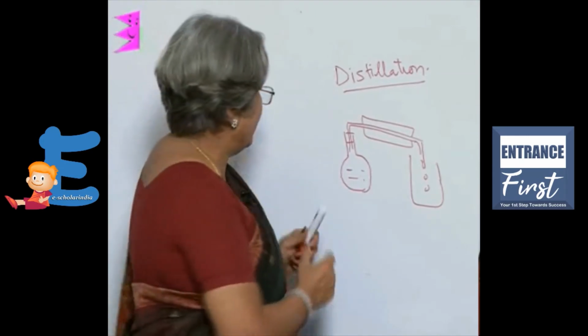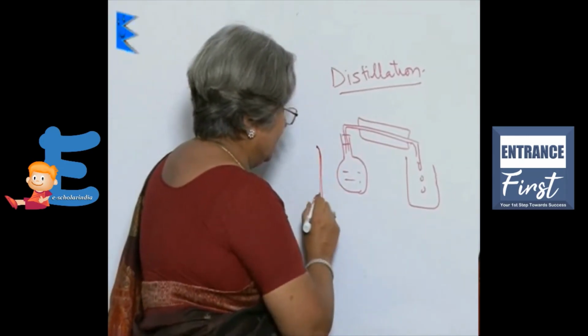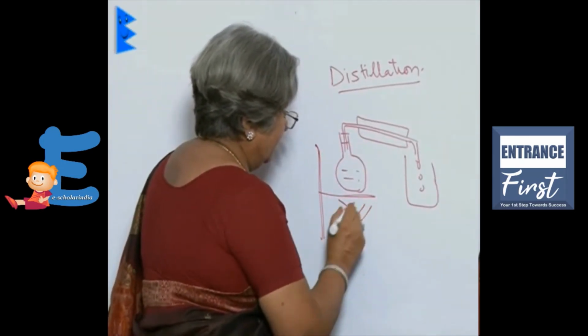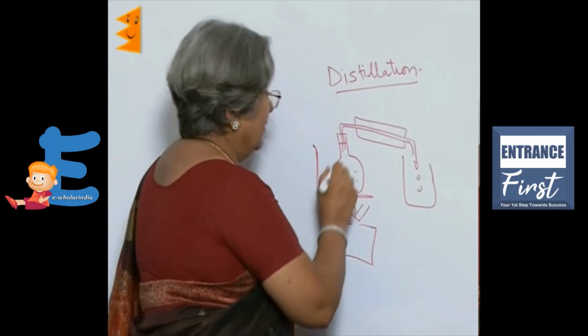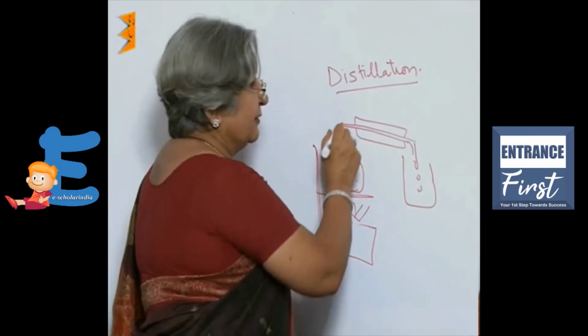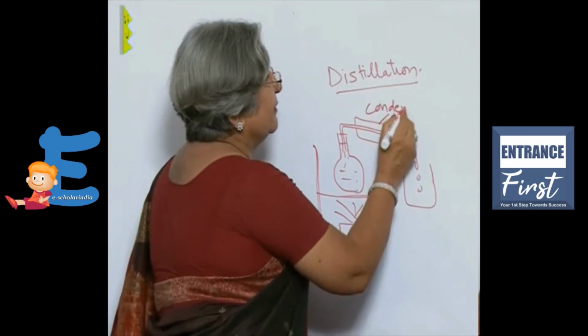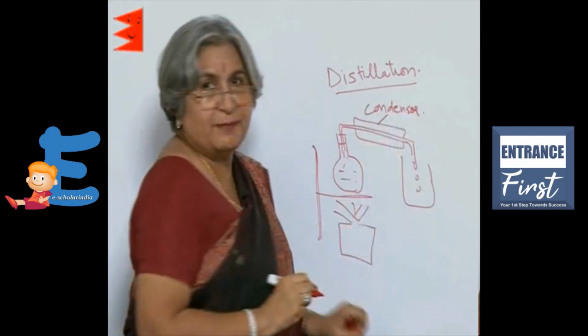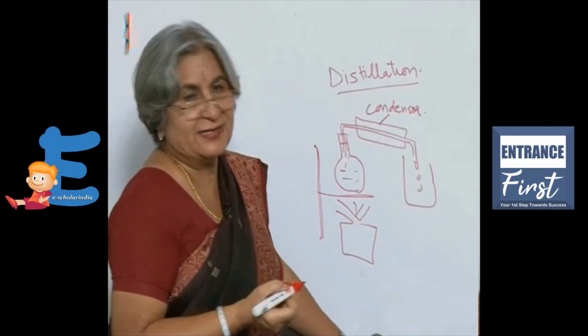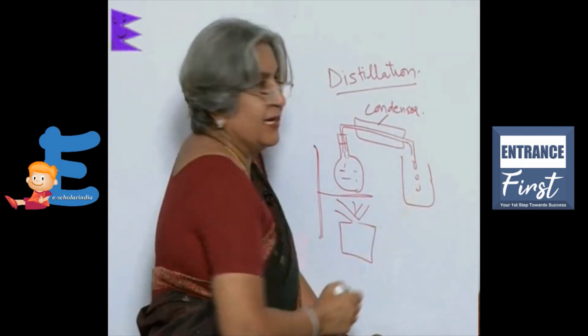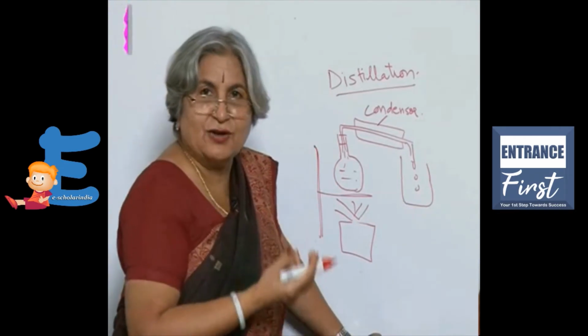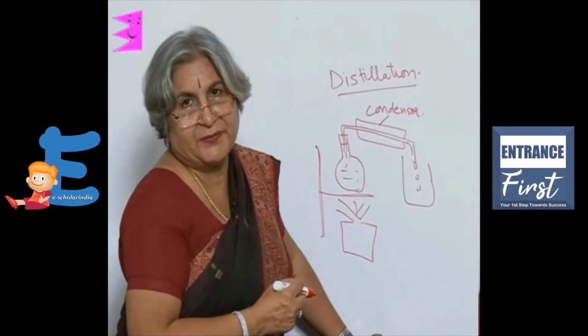Now what will happen when you heat this mixture? Water will evaporate and pass through this. As it passes through the condenser, what will happen to the vapors? They will condense, and then it can be collected in a beaker, and salt will be left behind.